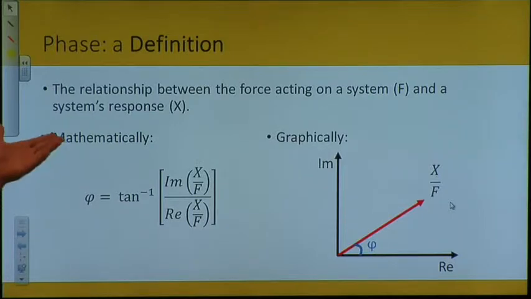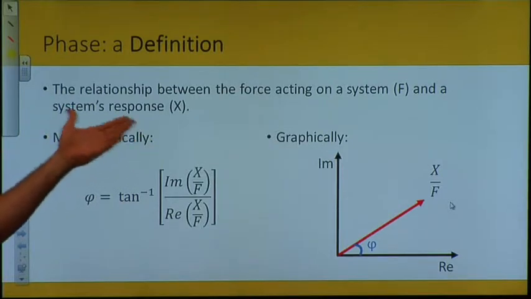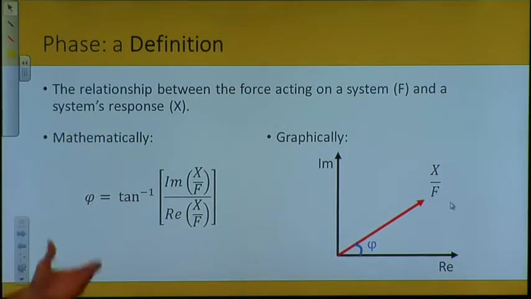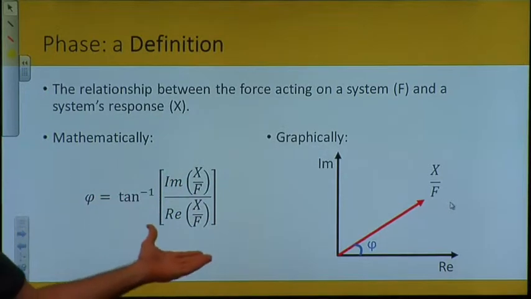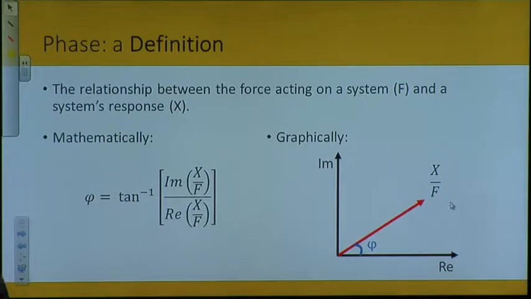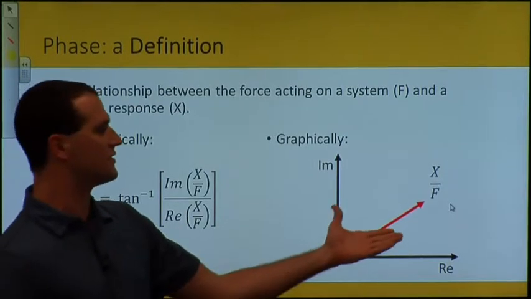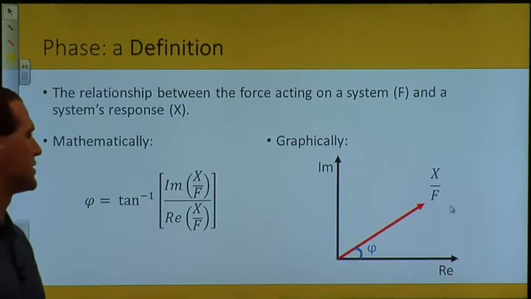But for vibrations, we define it as the relationship between the force acting on a system, F, and the system's response, X. Mathematically, this is something that you can derive and have derived in your vibes class. It's a mathematical definition that is convenient for vibrations.